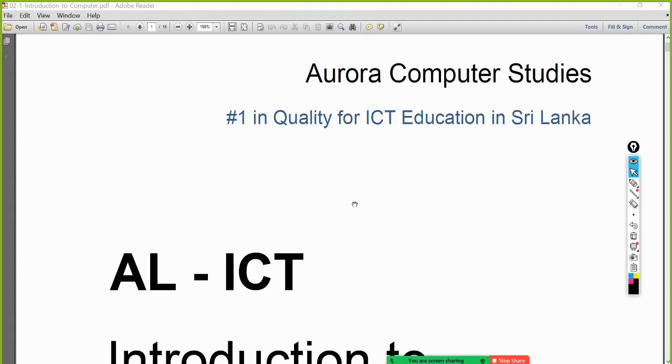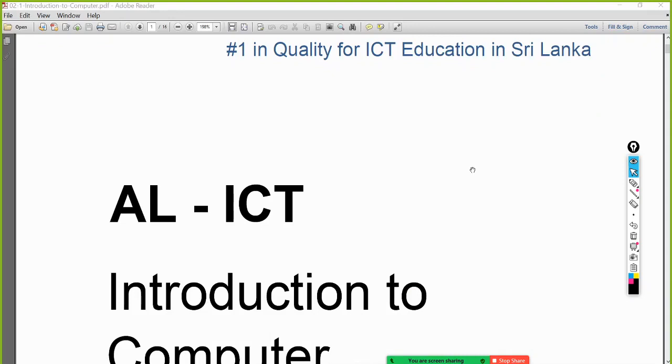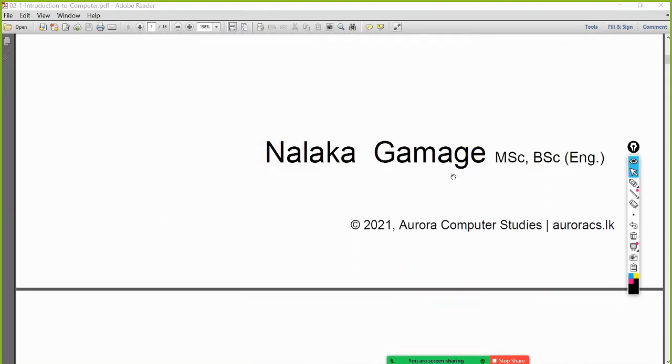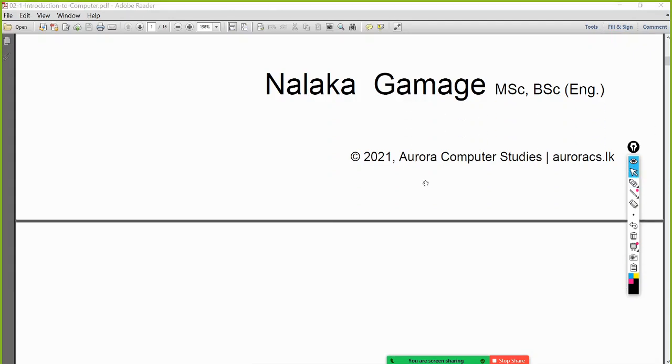Okay, so let's try to understand what is meant by computer. You know that there are different devices we use in our day-to-day life, in our office work, etc. The computer is another important device.